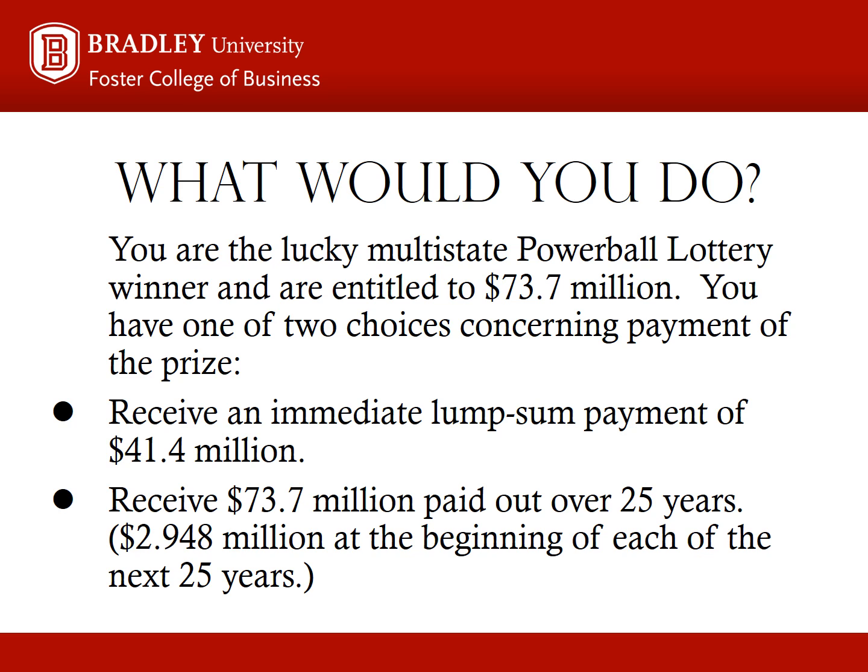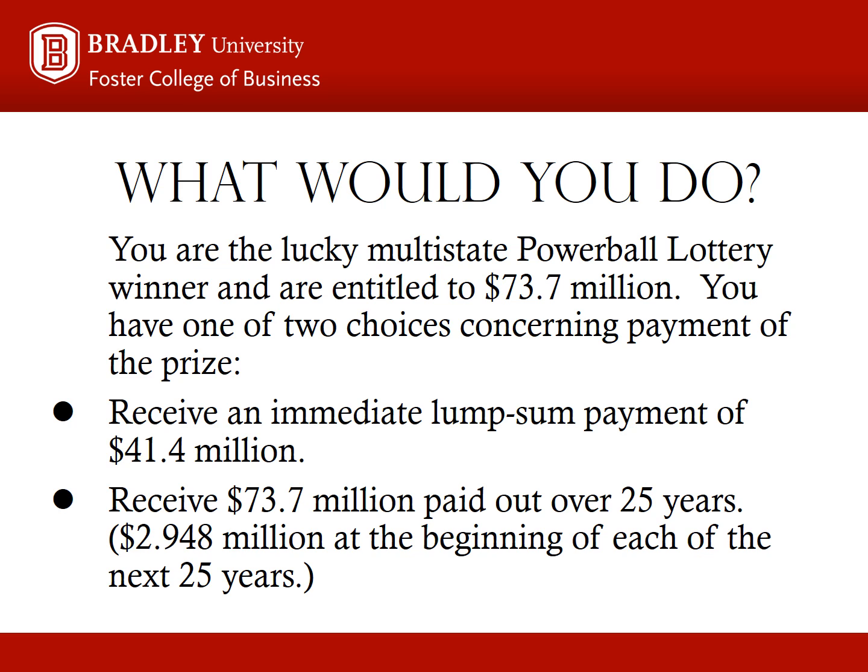So for instance, that $41.4 million that you received today is already in present value, so you wouldn't have to do anything with that. But then what you would do is take the $2.948 million at the beginning of each year for the next 25 years and discount those numbers back at 6% for each year and sum them up.